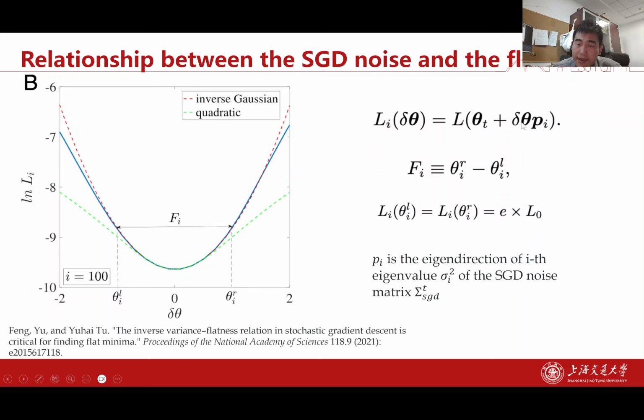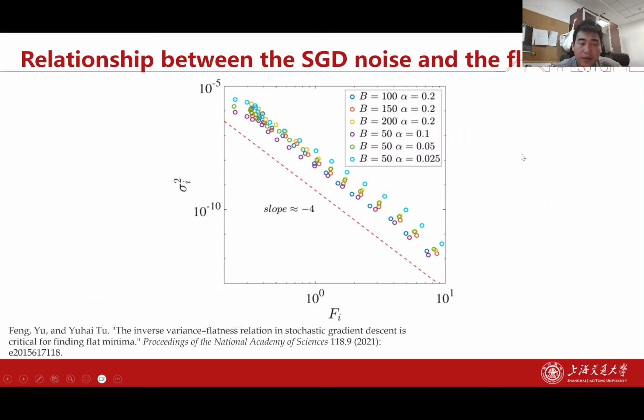So if this delta theta is larger, meaning you need to go further, for example, this green curve is flatter than this blue curve. So this is the basic idea to define this flatness in different directions. And the result is very interesting: they found they can also compute the noise variance in each direction.